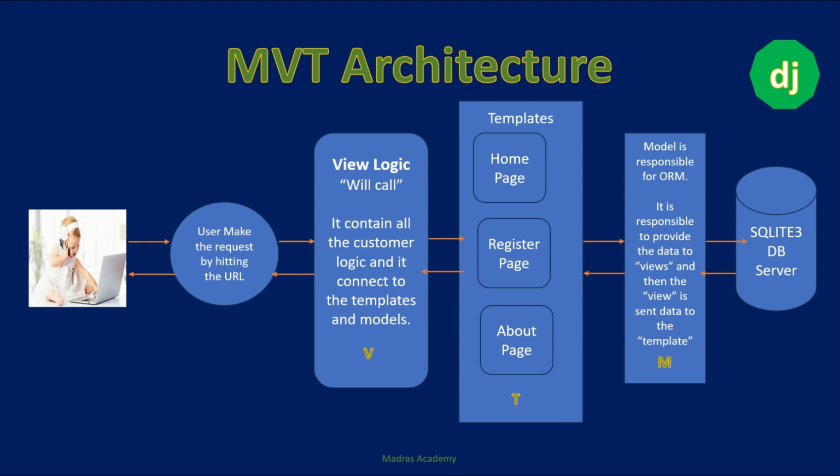See, I have one user. Whenever the user passes a request, this request will not directly communicate with your database. We have some intermediate process. Similarly in Django, whenever the user passes a request, the user needs to pass the request through the browser with the help of a URL only, right?